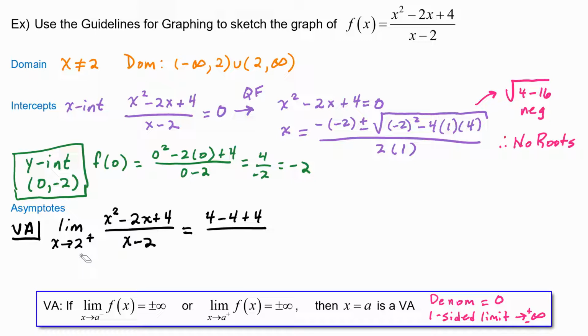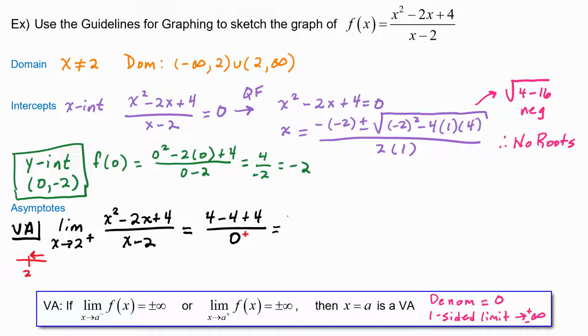If we plug 2 into the denominator, we get 0, and because this is a one-sided limit, we have to decide if this is going to be 0 plus or 0 minus. Since we are coming into 2 from the right, that means we are thinking of numbers bigger than 2, like 2.00001, and then if we subtract 2, we're going to get a tiny little positive.